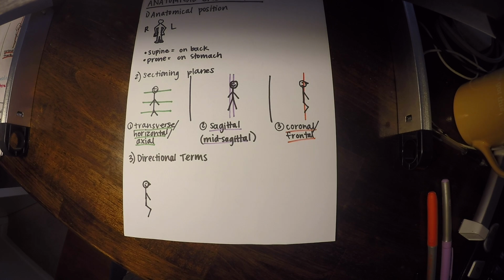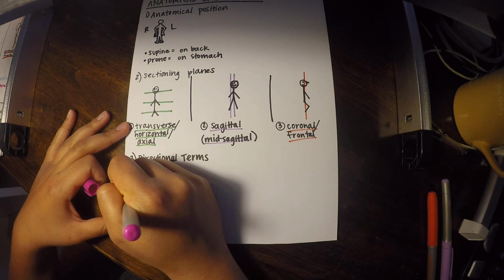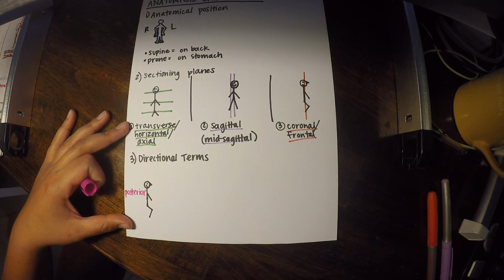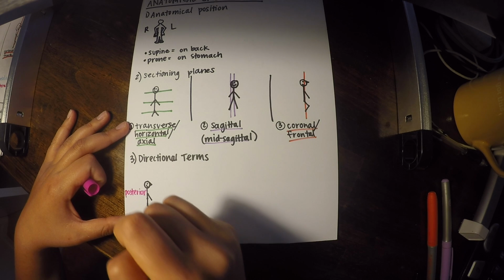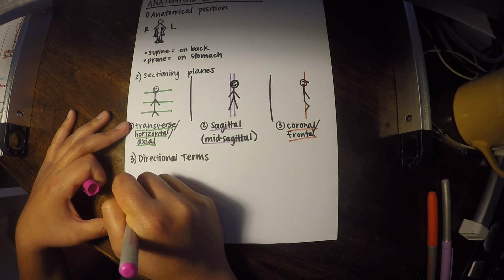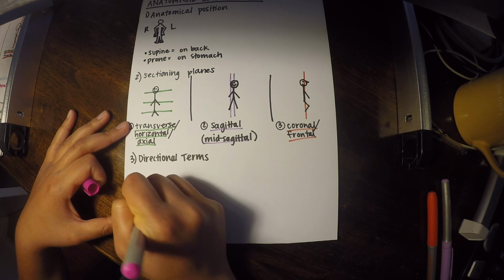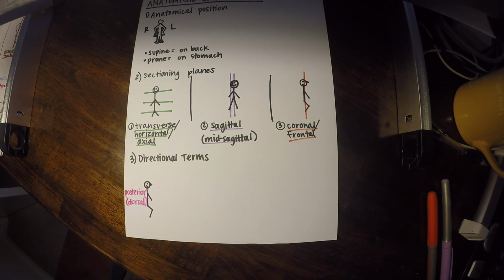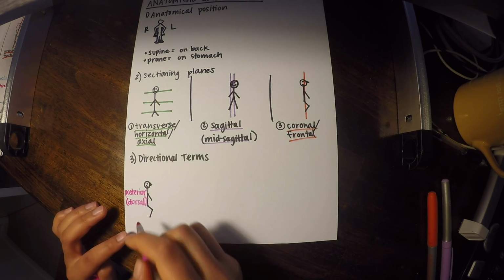So what we're going to call the back side of things is posterior, or dorsal. I like to remember that because if you think about a dorsal fin on a dolphin, that's on the back of them. And it really means the back of a person.